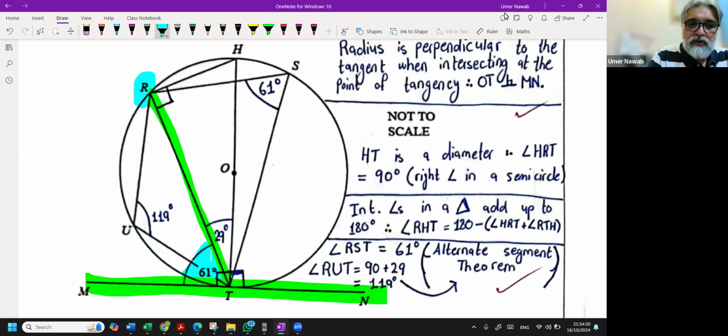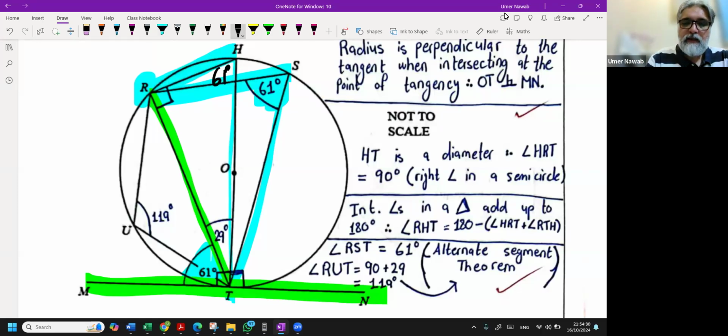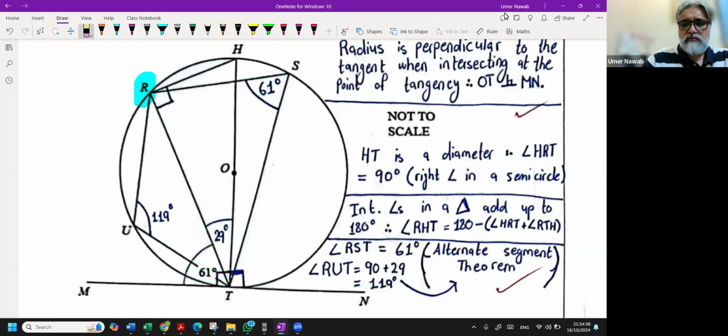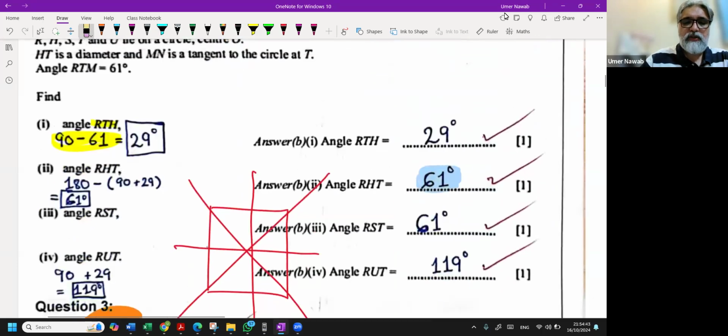Did he join the R and T points anywhere? The answer is yes. They are joining it here and they are also joining it here. So this angle is also 61 and this is 61. And then from 61, he used the cyclic quadrilateral property and he wrote 119. So I have discussed all aspects which are contained in this question.